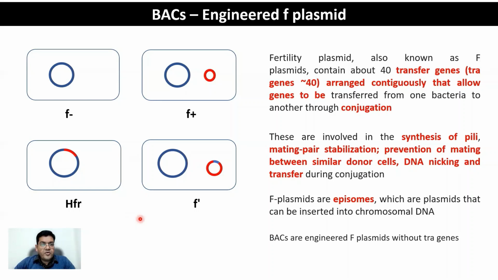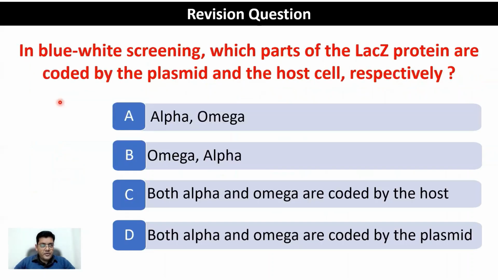So before moving into the main context of BACs, let's have a few revision questions. So here is your question. In blue-white screening, which parts of the LacZ protein are coded by the plasmid and the host cell, respectively? Your options include A, alpha and omega, B, omega and alpha, C, both alpha and omega are encoded by the host, D, both alpha and omega are coded by the plasmid.